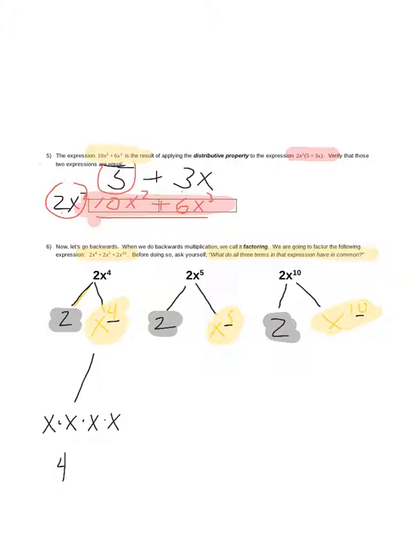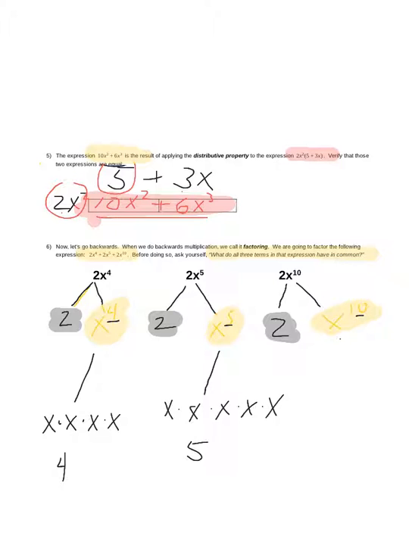X to the 5th is simply x times x times x times x times x. And it is x times itself 5 times. Not x times 5, but x times itself 5 times. There's a big difference in that.